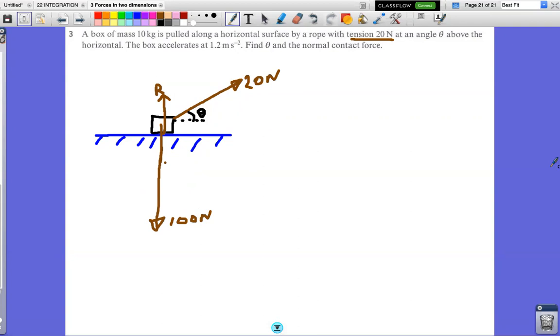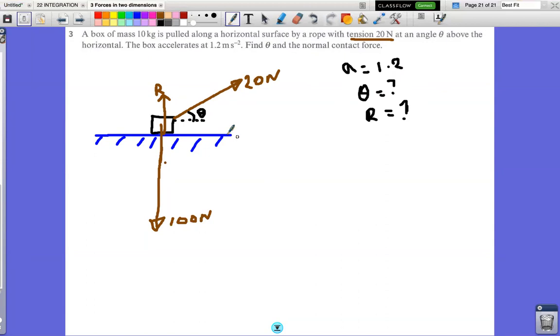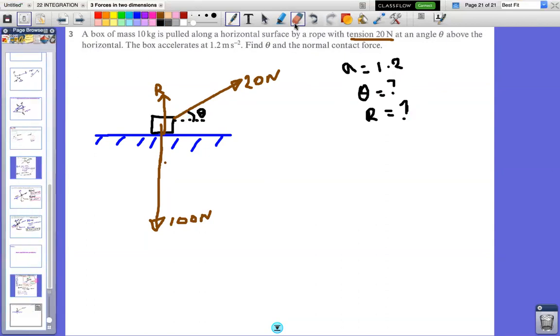And we know the acceleration of the box, A, is 1.2. We are asked to find theta and the normal contact force. So what do we do here?